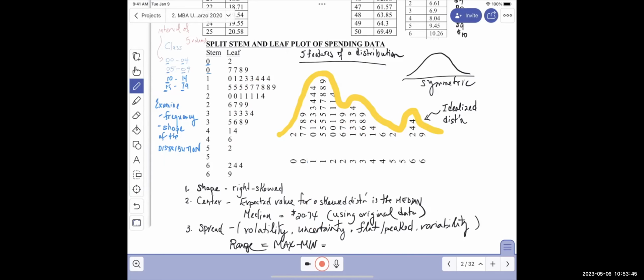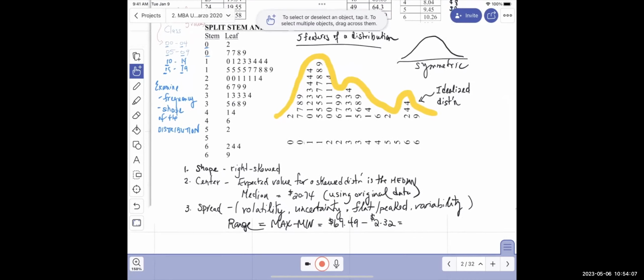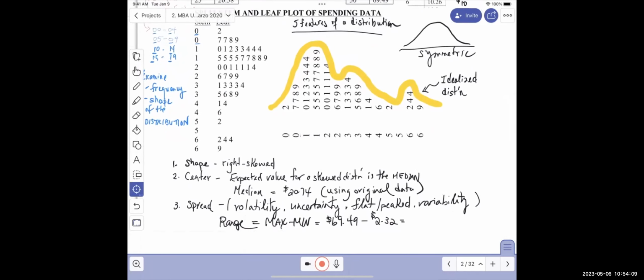So the maximum value was $69.49. And the minimum value was $2. How much was it? And 32 cents? Yeah, good memory. So what's the range of values?